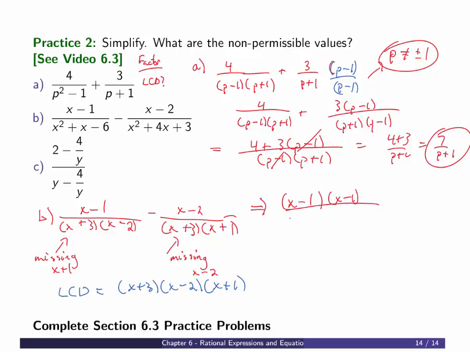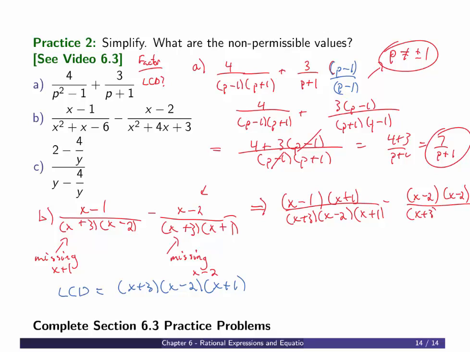Because on the bottom here, on this other one, we're going to have x plus 3, x minus 2, x plus 1, all subtracted by x minus 2, that's this right here, and then we're going to multiply this term by x minus 2, okay, because that's what we're missing.